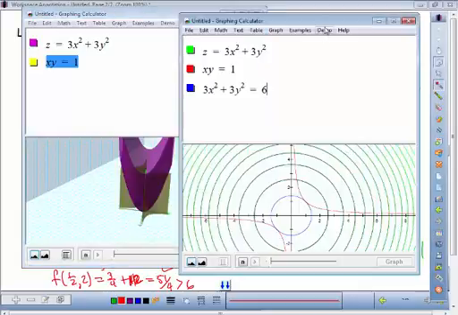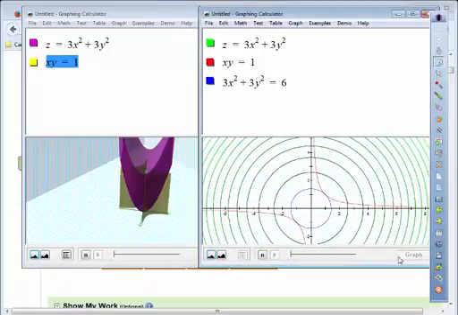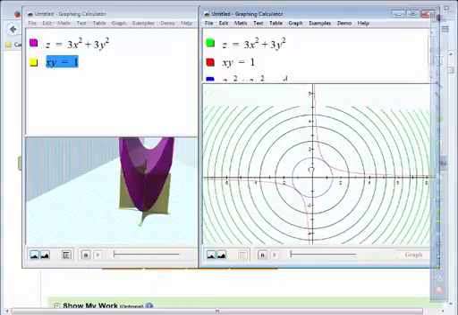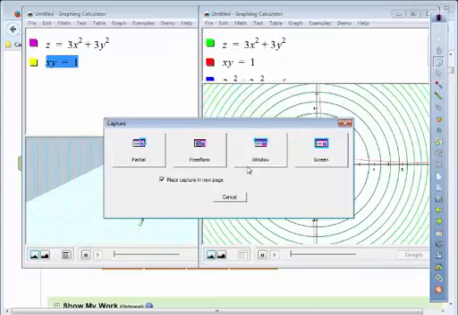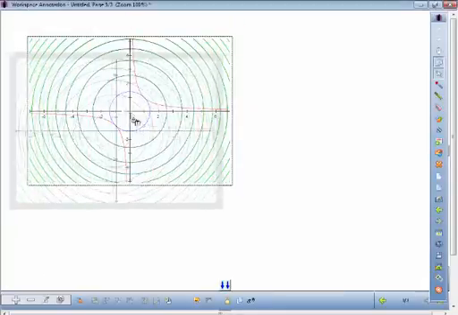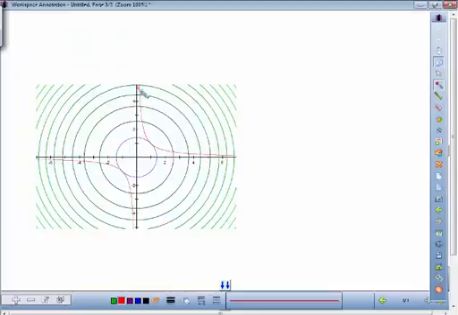I kind of want a screenshot of these pictures too. So let me take a screenshot of the level curves that we were looking at, and make a note to ourselves that we actually got a level curve of f of x, y equal to 6. I was going to retrace it, but let's just say x, y is equal to 1.